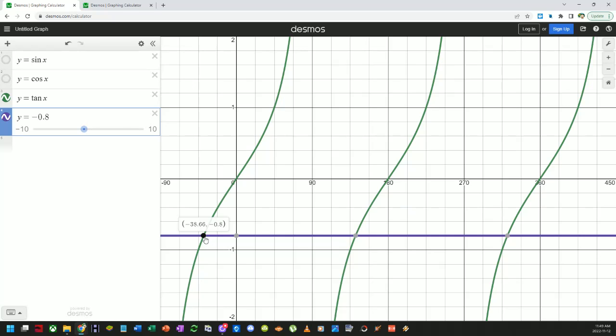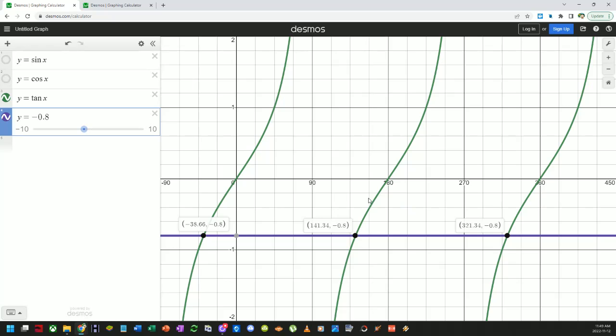But that's okay, because if we want to find the next one, it's just going to be 180 minus 39 degrees. So that would be 141. And the next one would be 180 over that, which would be 321. There we go. So once you've got one of the numbers in your calculator, just add 180 to find any additional one. And that's pretty much it.